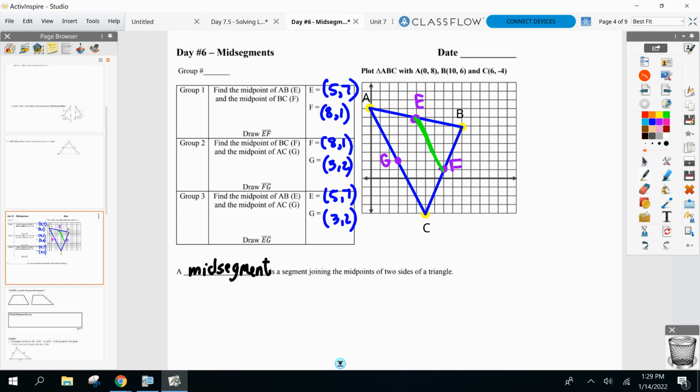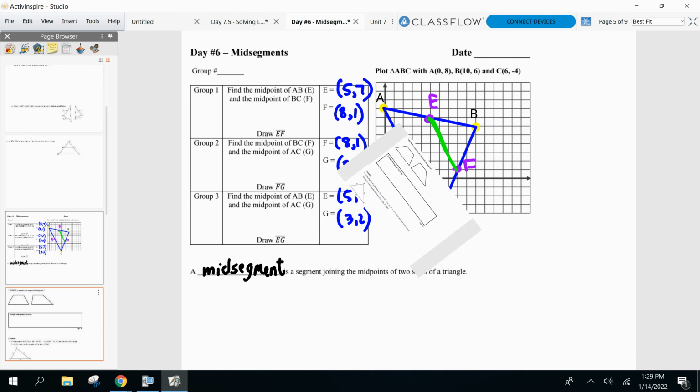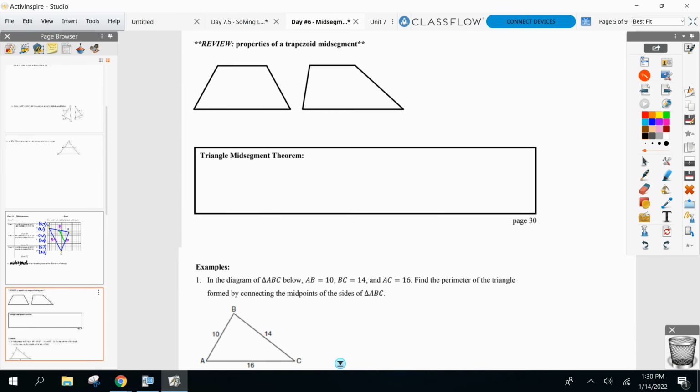What figure last unit did we talk about? What quadrilateral has a mid-segment? Trapezoid. Yep, trapezoid. So what I want to do with you right now is, do we remember the properties of a trapezoid mid-segment? All right, let's find out.